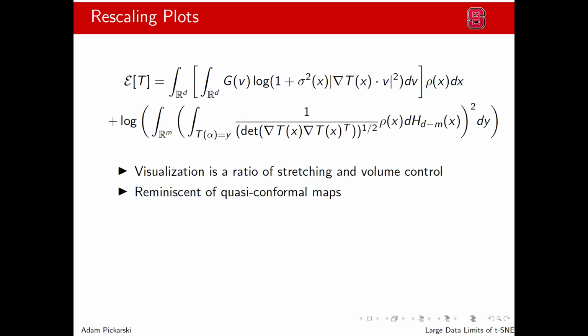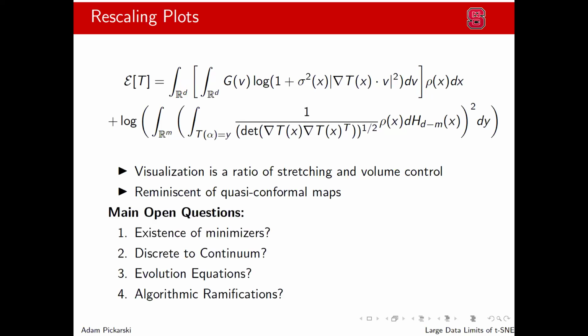Which, if you've ever seen quasi-conformal maps, is similar to the definition there, which I link back to, not because we have results on this, but it intuitively makes sense because quasi-conformal maps seek to approximately preserve angles. And it would make sense if this visualization method was doing something similar, but on a local level, right?